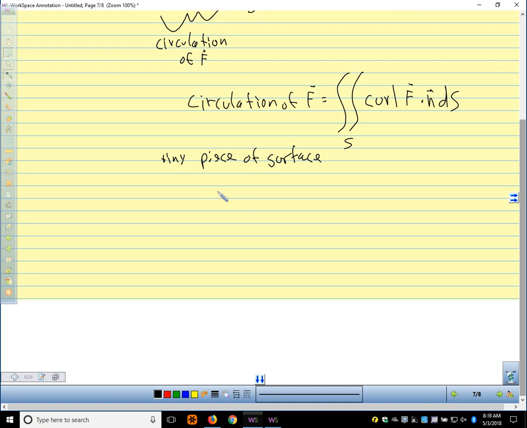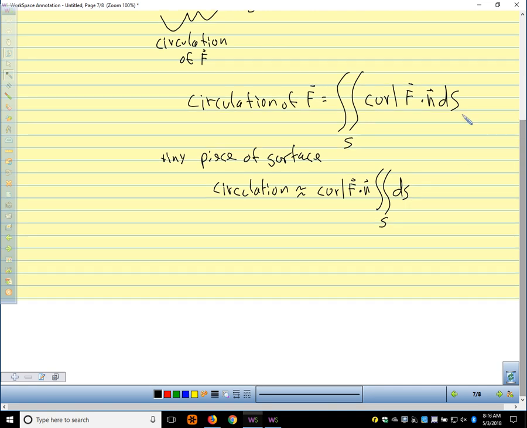So we can say that the circulation is approximately equal to the curl of F dot n times the double integral of dS over the surface area. So we're imagining this tiny piece of surface, so the curl and the unit normal vector are essentially constant. Well, what's the double integral over our surface of dS? This is the area. That's the area of the tiny surface.